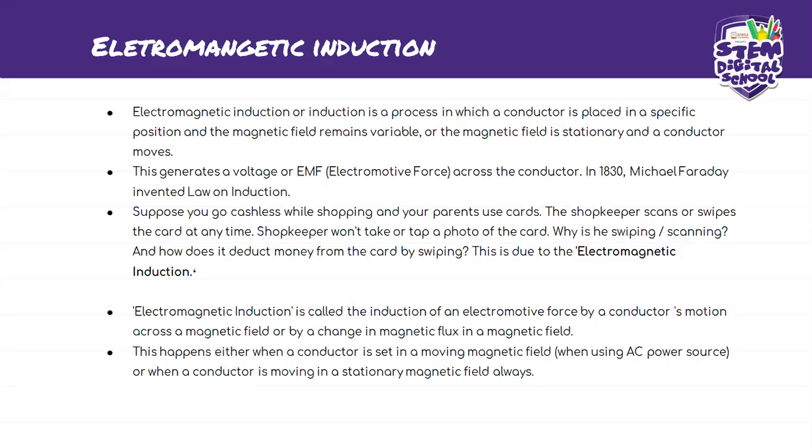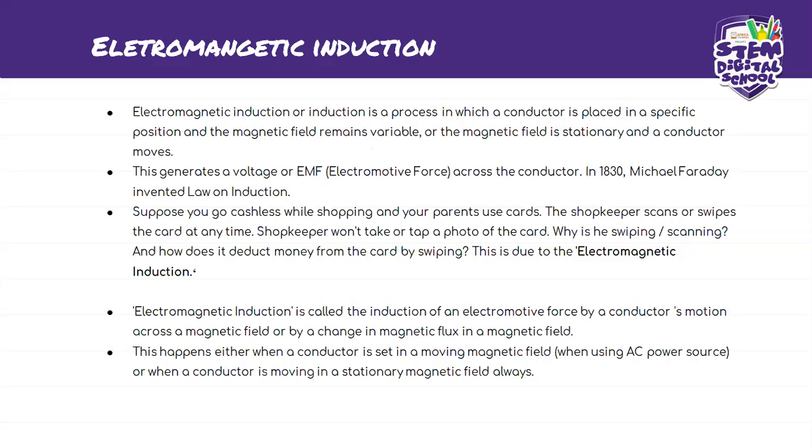Electromagnetic induction is the induction of an electromotive force by a conductor's motion across a magnetic field, or by a change in magnetic flux in a magnetic field. It will make more sense once you see the diagrams, but for now, let's just get into the concept.